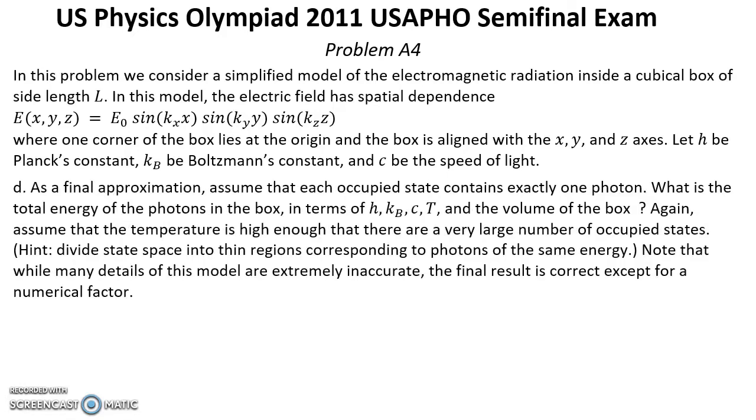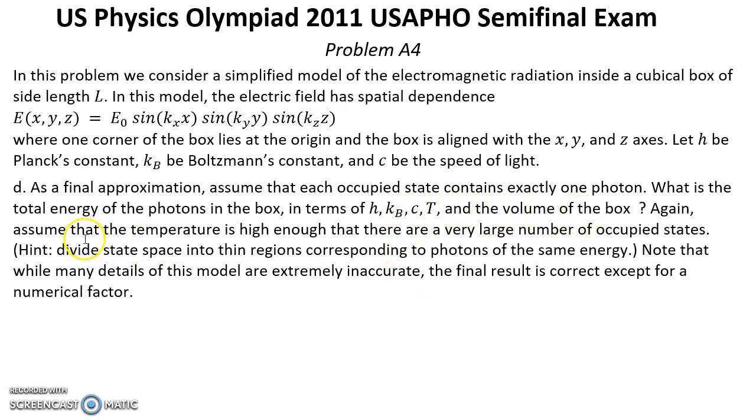Question D. The final approximation assumes that each occupied state contains exactly one photon. What is the total energy of the photons in the box in terms of h, kB, c, and T, and the volume of the box?